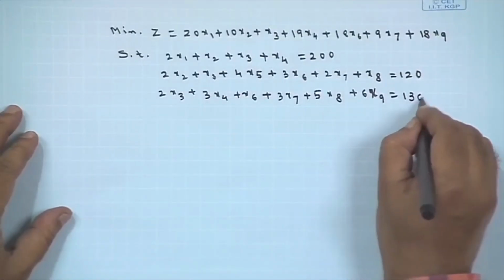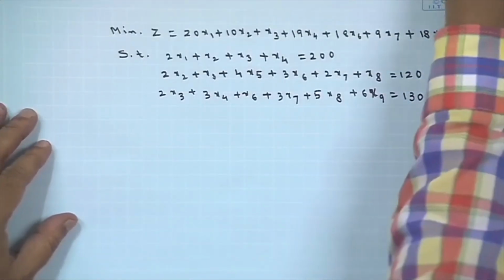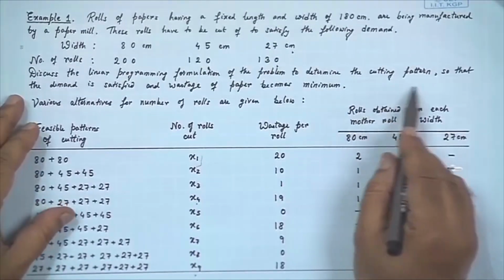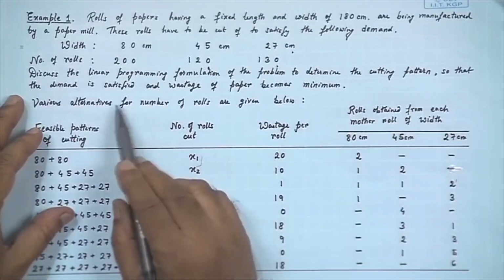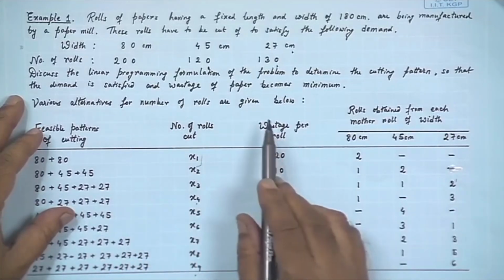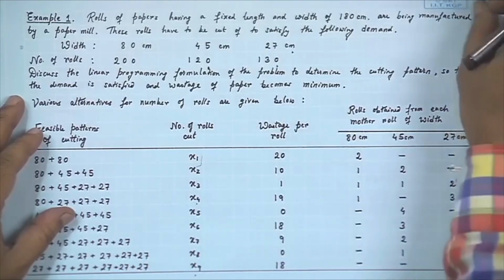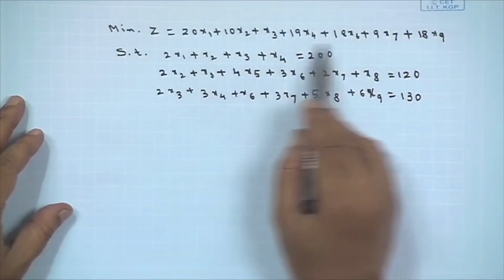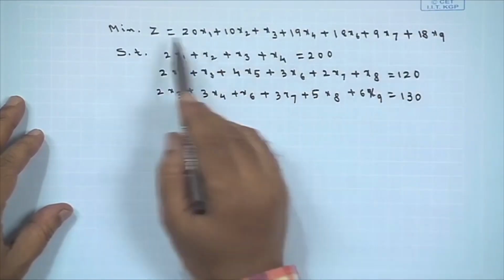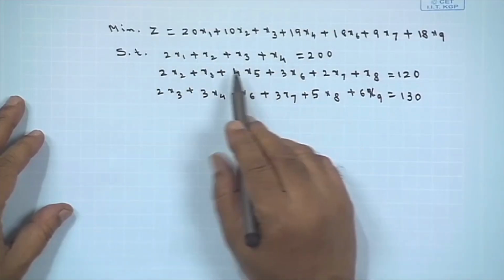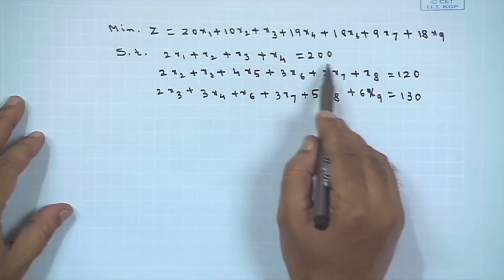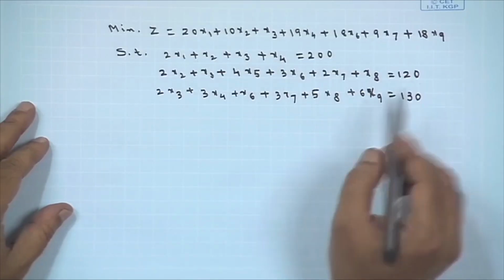So, these are the constants. If you see the problem, we were told that whenever you are cutting it, the demand should be satisfied and wastage of paper should become minimum, and we are doing that thing. So, the total wastage I am finding out, and I have to minimize this subject to the total demand I am generating being equal to the specified demand.